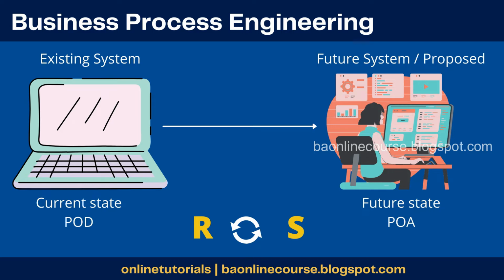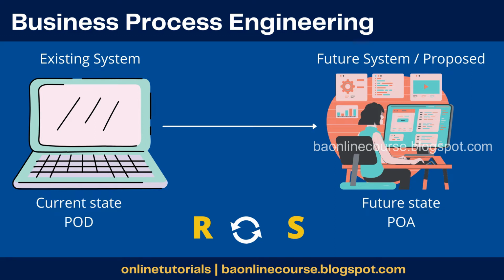So again, these terms are used together in pairs, right? If you're using a POD, it will be a POA for the new system. If it's current state, then it would be future state. As is, it will be to be state, right? So that's the terminology which is used.